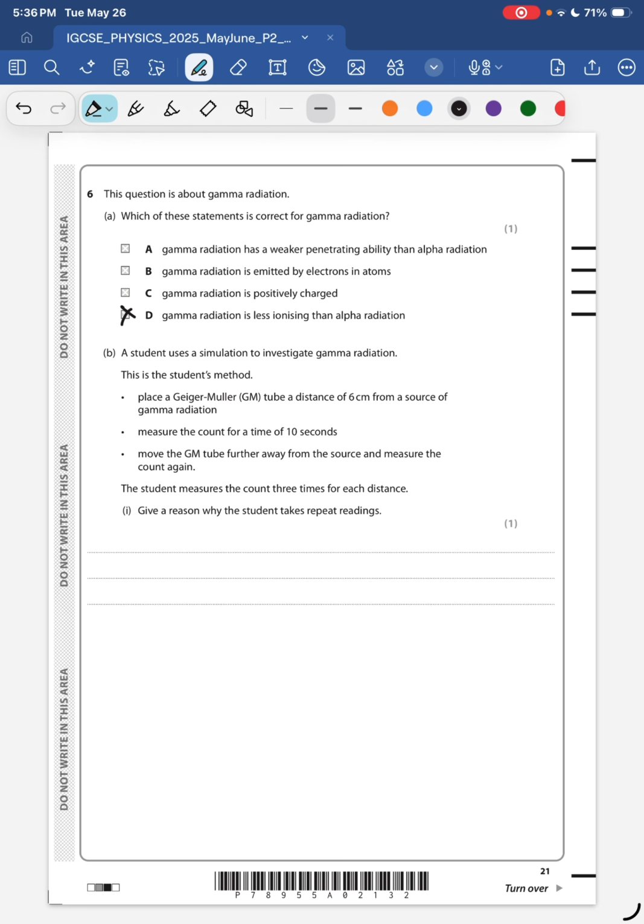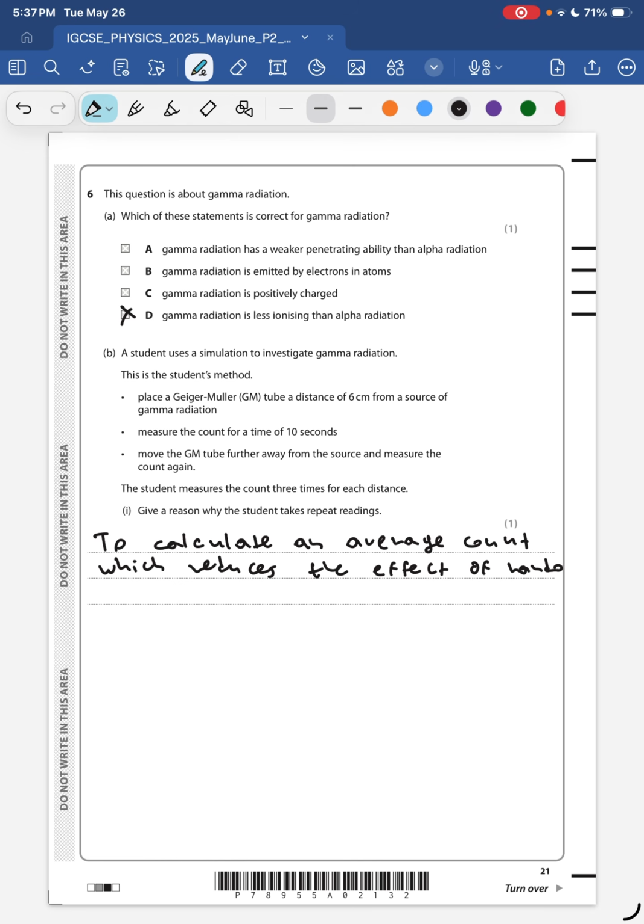The student measures the count 3 times for each distance. Give a reason why the student takes repeat readings. So this is to calculate an average count, okay, which reduces the effect of random error or anomalous results.